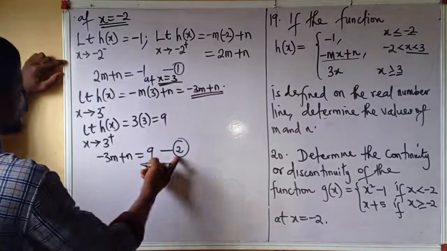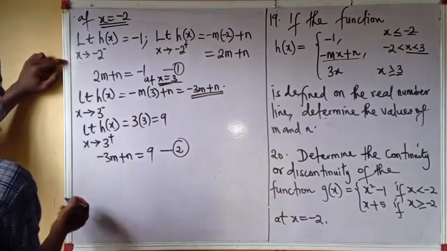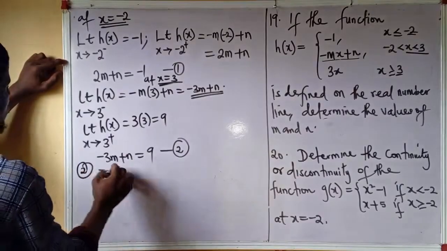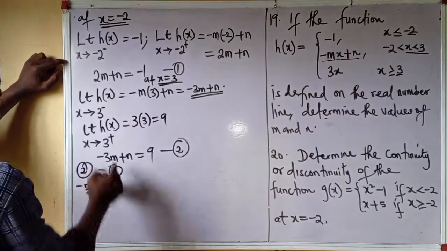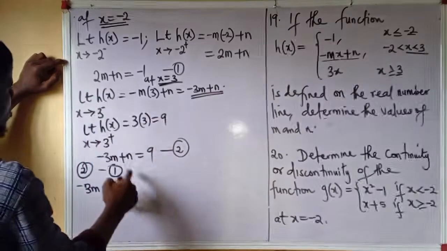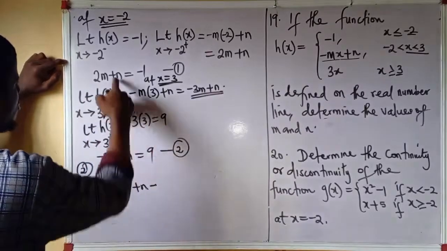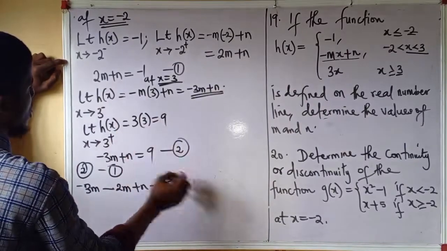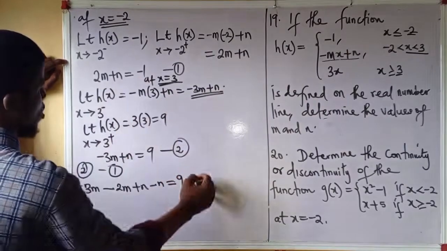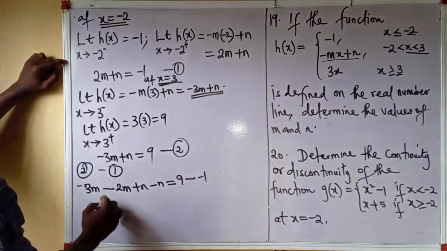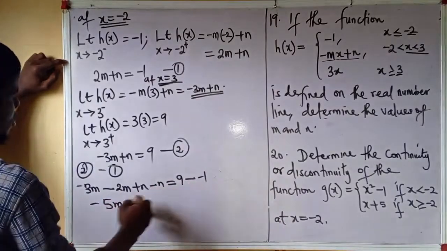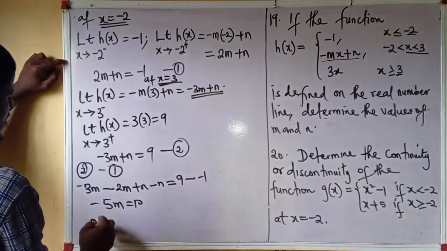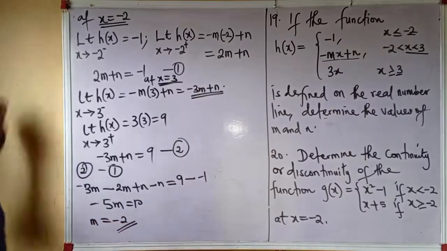Let me say equation 2 minus equation 1: minus 3m minus 2m plus n minus n equal to 9 minus minus 1. This will give me minus 5m. This is 0. This will give me 10. And that means m is equal to minus 2.